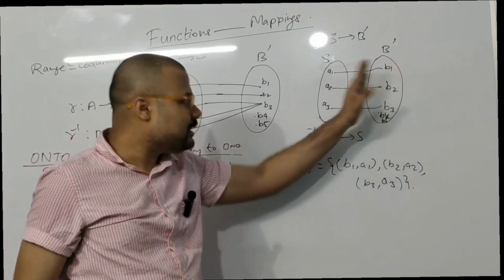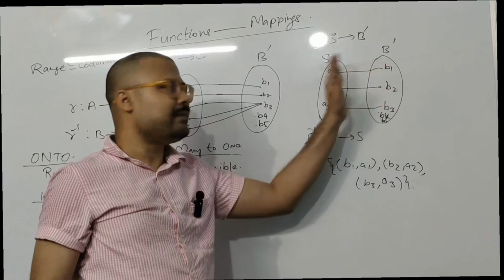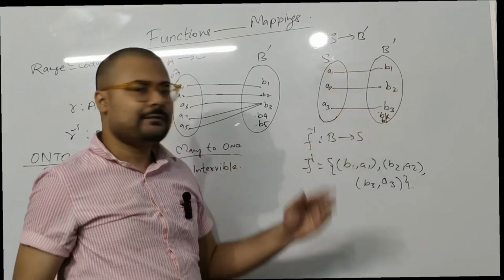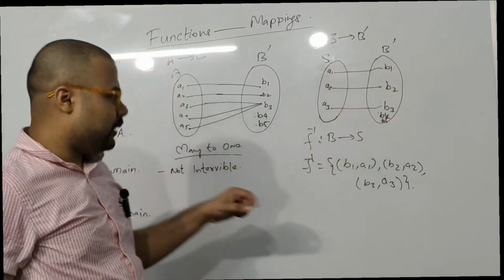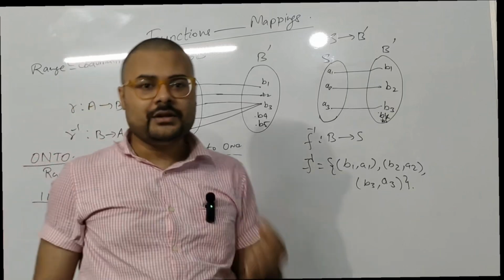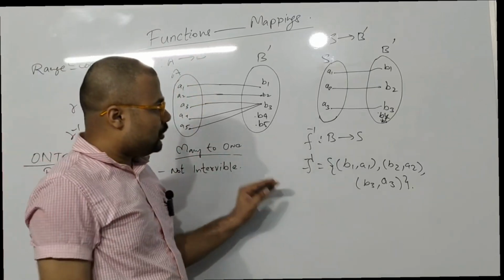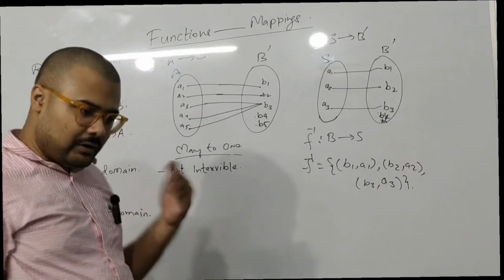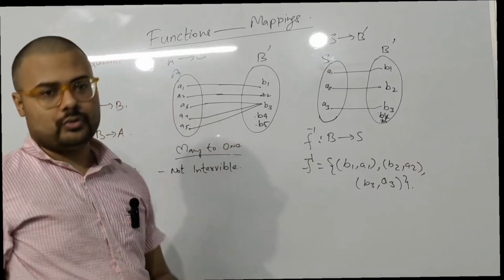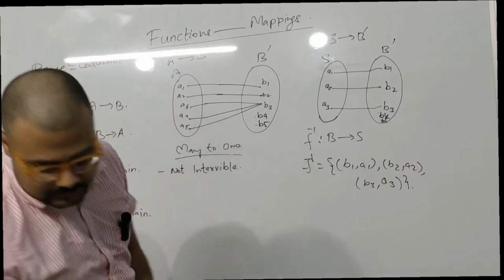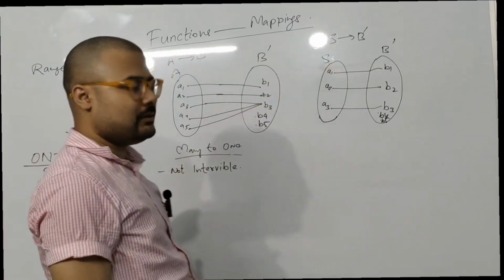So the images that you are getting, this is a one-to-one map, no doubt. But for B4 and B5 there is no image. But the definition of a function requires every element to be uniquely mapped. So only functions which are one-one and onto are invertible. This function is not invertible.